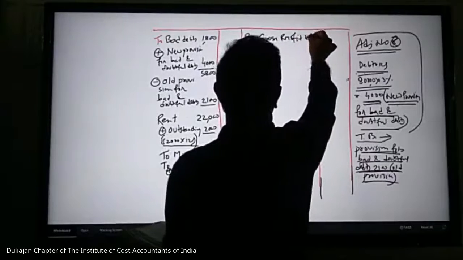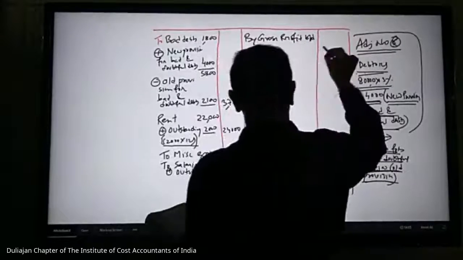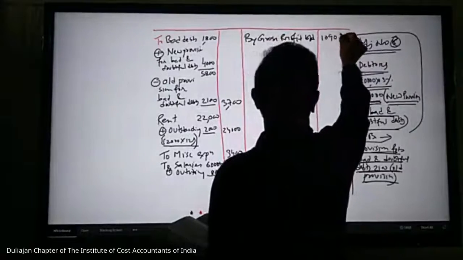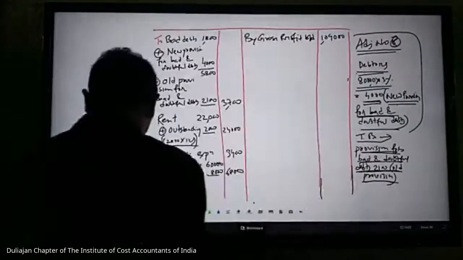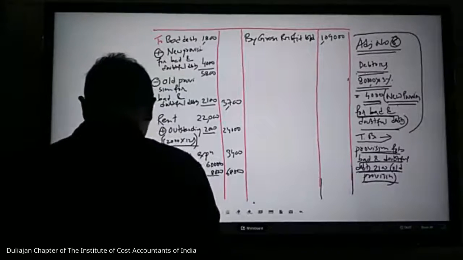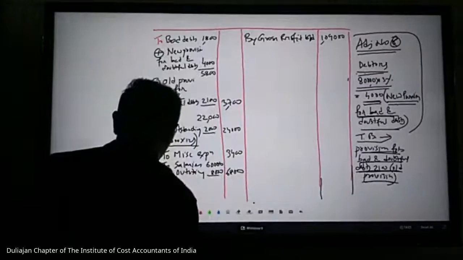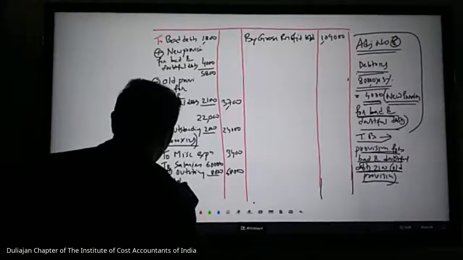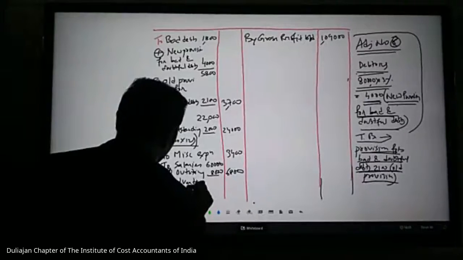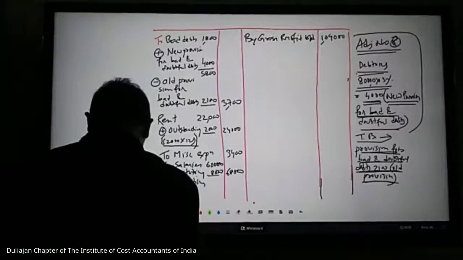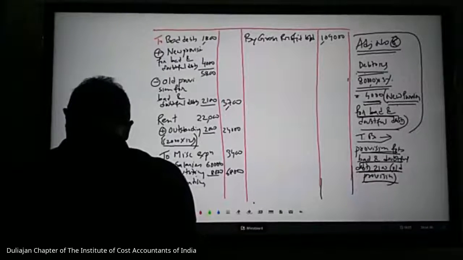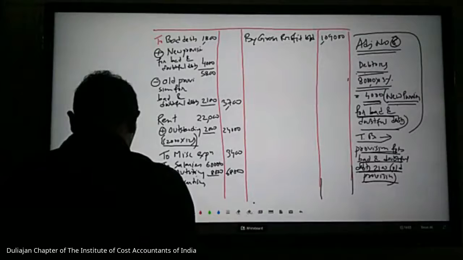Gross profit b/d 109,123. To advertising. Advertising given in the question is 10,000.